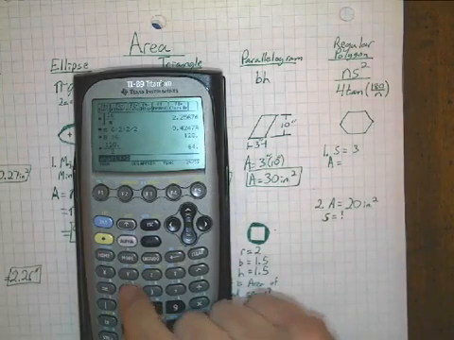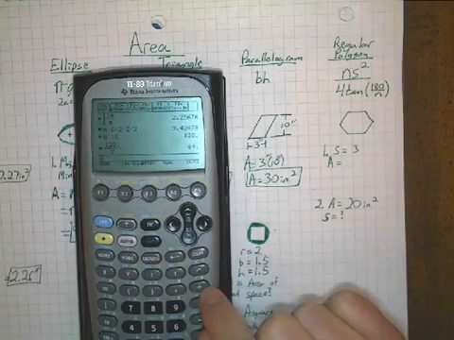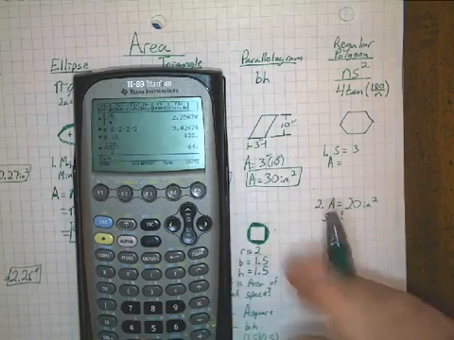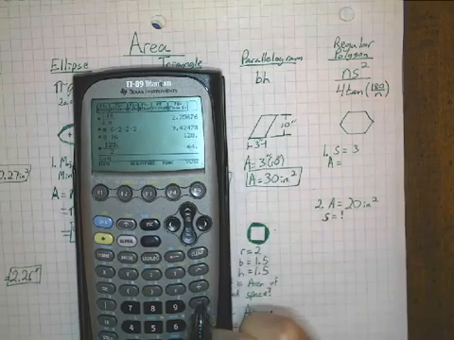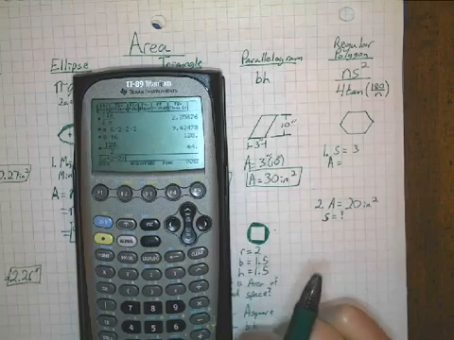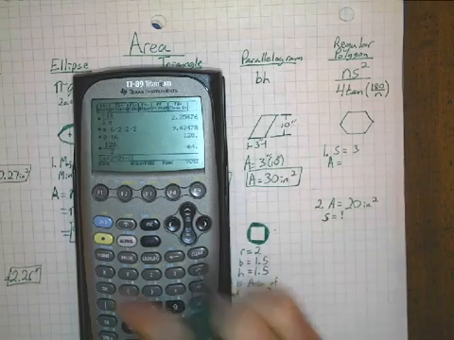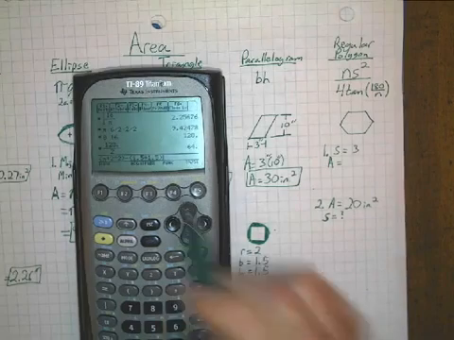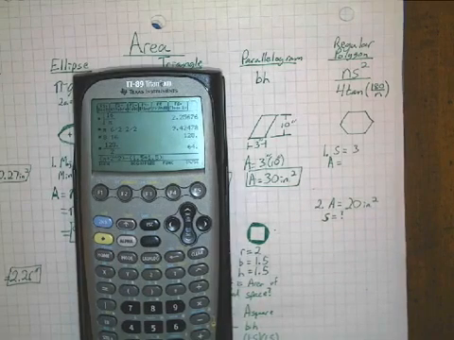So I'm going to do a parenthesis, and I'm going to take pi times, my radius was 2 squared, close parenthesis, minus 1.5 times 1.5, close parenthesis. So make sure you have your parentheses around all of your work there.